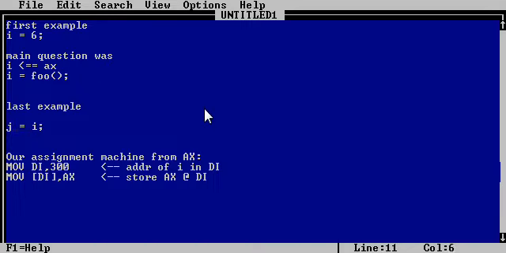Instead of storing a value in I, I invented a new variable called J and stored something in there. But it's completely symmetric, so it's the same thing. What we did was we took the right hand side, found a way to get it into AX, and then we used this machine, except instead of 300 it was 400 because that was J.